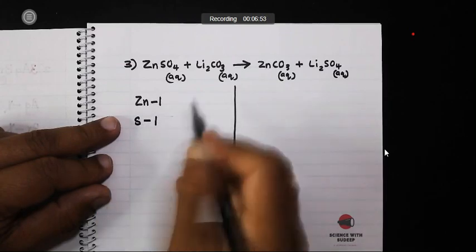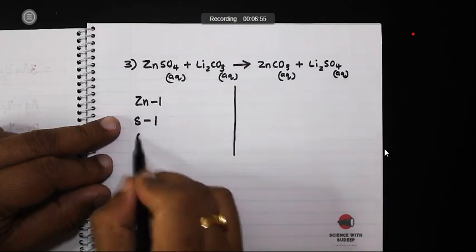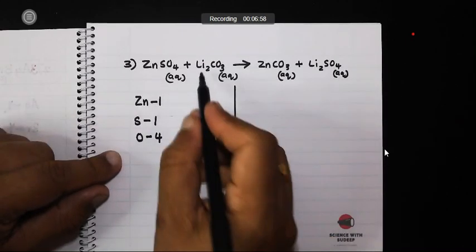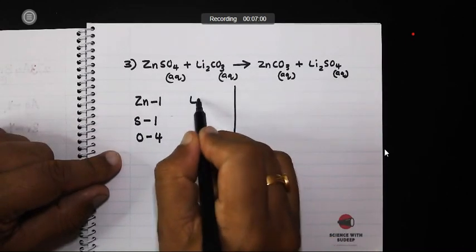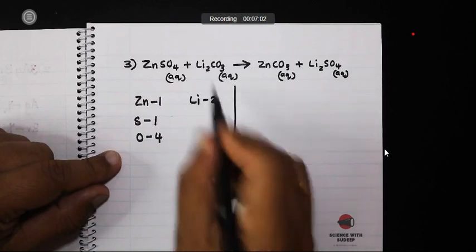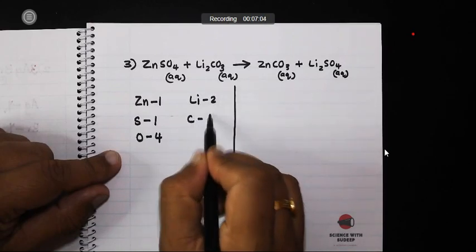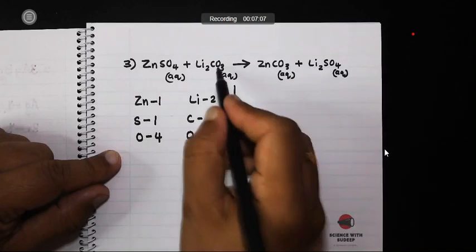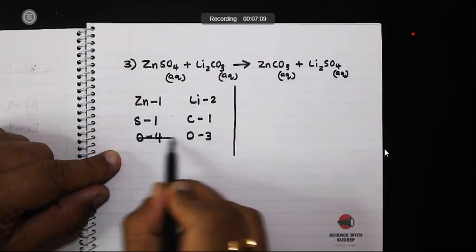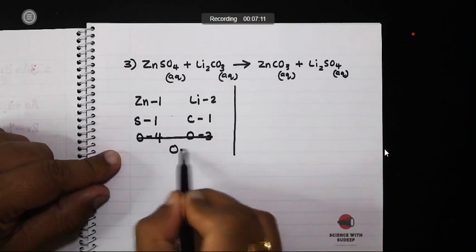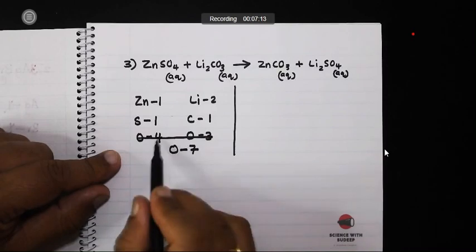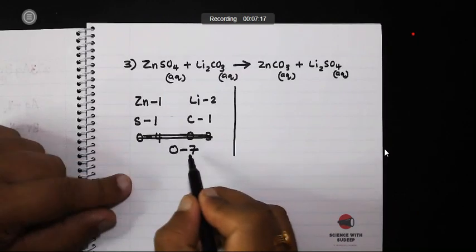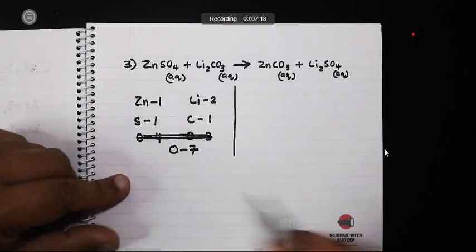Sulfur is 1. Oxygen here, I have 4 oxygen. Then lithium 2, carbon 1, and I have 3 oxygen this side. So I combine them and write 7. 4 plus 3, 7 oxygen. We need to write them together.